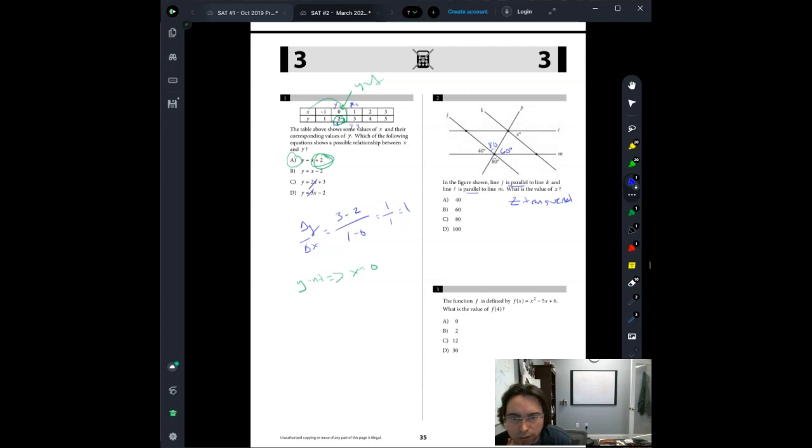From there, what we can then do is draw our Z. Let's see, so I can draw Z right here, and so I know that this is 60 there.